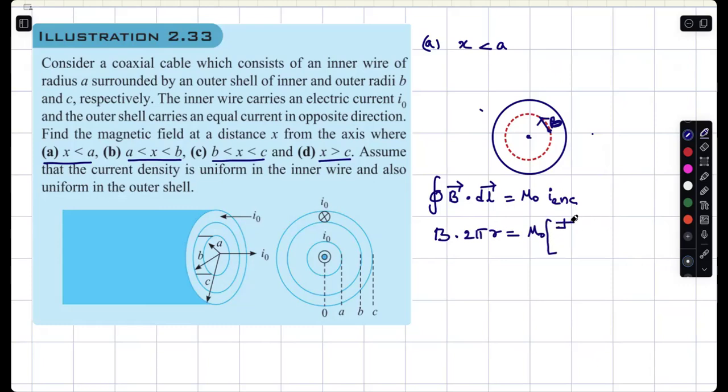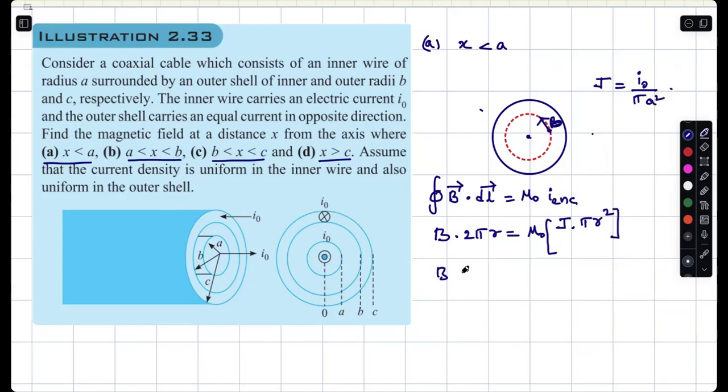I enclosed is J, the current density, into pi r squared. What is the current density, by the way? Current density is nothing but I naught by pi a squared.